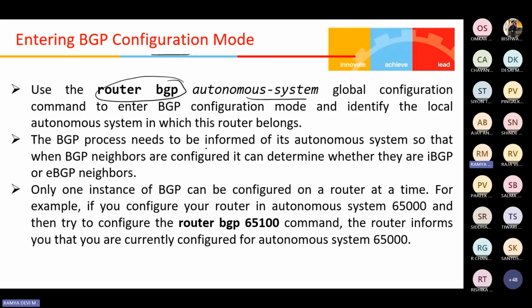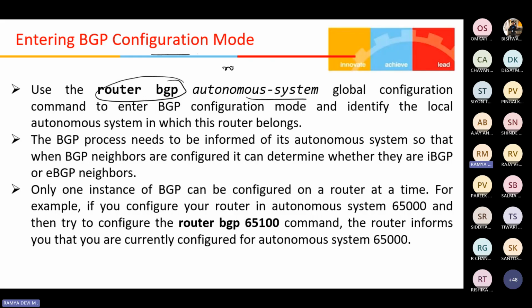If the autonomous number is not provided, then we have to explicitly specify that you have to use IBGP, or if this is not having the same autonomous number, you have to use EBGP. So in order to avoid that, you need to specify the autonomous number. The router can run only one BGP process at a time.